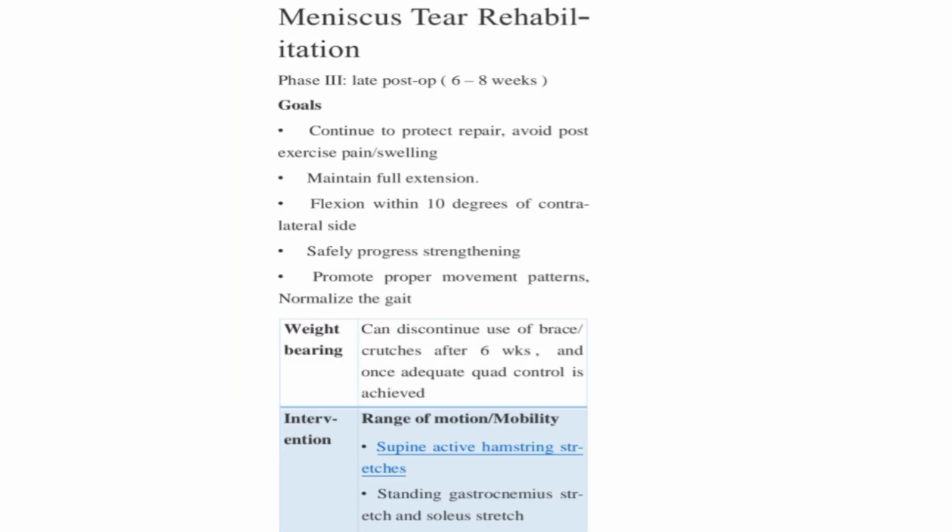In phase 3, that is the late post-operative phase, of 6 to 8 weeks, the goal is to protect the repairing site and avoid patient pain and swelling. If there is pain and swelling continuously and it doesn't subside, then discontinue the patient treatment.